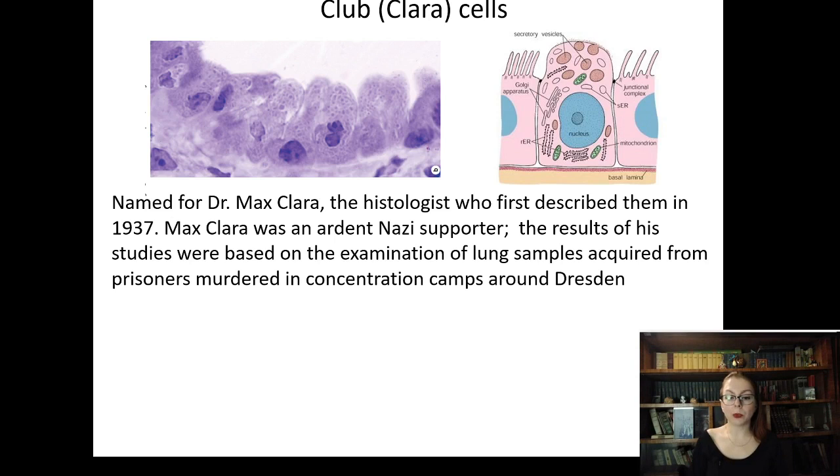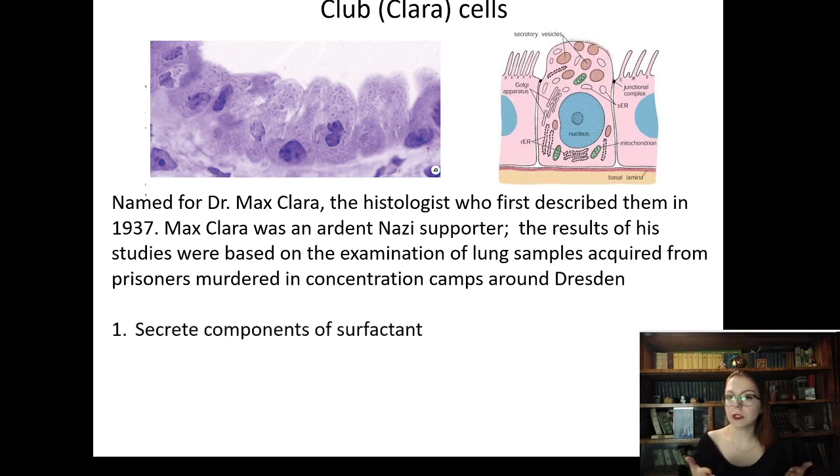And that's why his name now is in oblivion, and it is expelled out of histology textbooks. And that's why maybe in some MCQs you still might find the name Clara cells, but in the most modern editions the name is changed, so be attentive, because club cells were not widely used before.